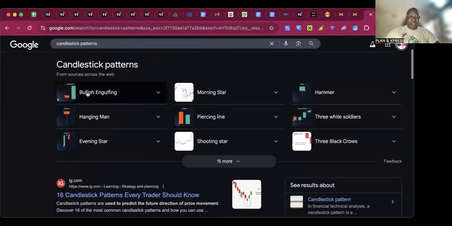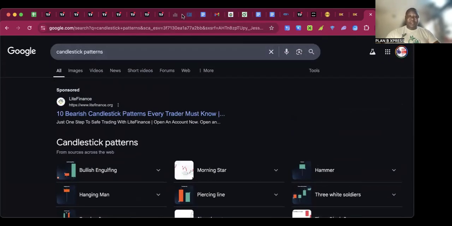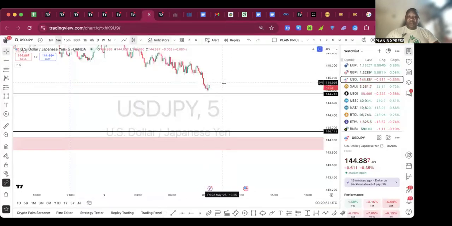You can see different candlesticks, bullish engulfing, and what they are used for: morning star, hammer, hanging man, piercing line, three white soldiers. These are more common. Morning star, shooting star, three black crows, hammer, evening star, and all of that. You can always see what they are used for.